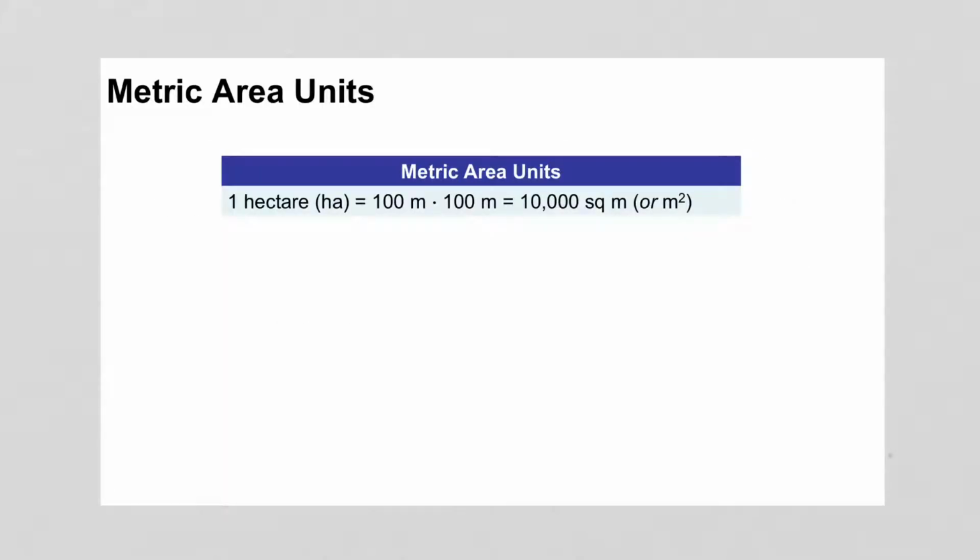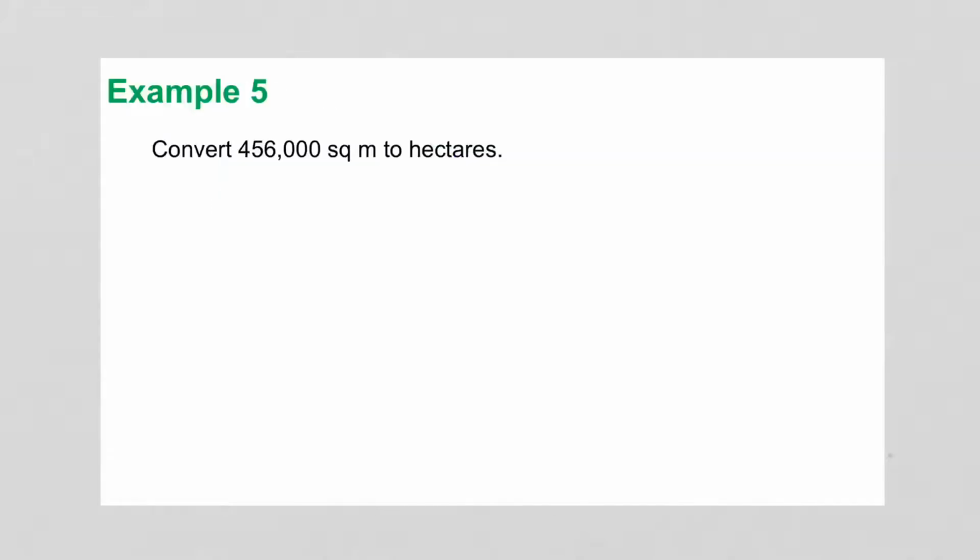And so here you see that 1 hectare is 100 meters times 100 meters, or 10,000 square meters. Convert 456,000 square meters to hectares.